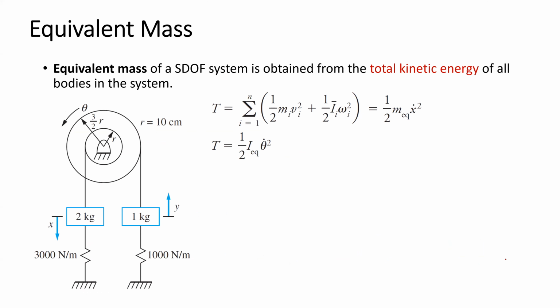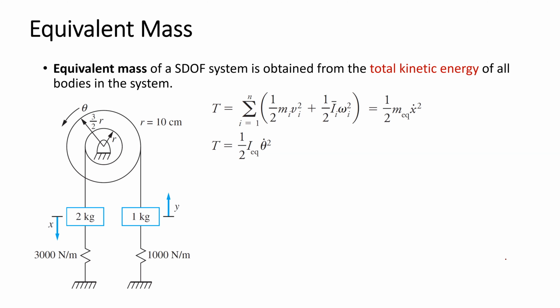Before this, we talked about the equivalent stiffness and equivalent damping coefficient. For equivalent stiffness, we can obtain it in two ways: we can have the equivalent spring and the equivalent elastic potential energy. For the damping, we check the total energy dissipated from the system. For the equivalent system, it needs to equal the energy dissipated from the sum of the individual damping components.